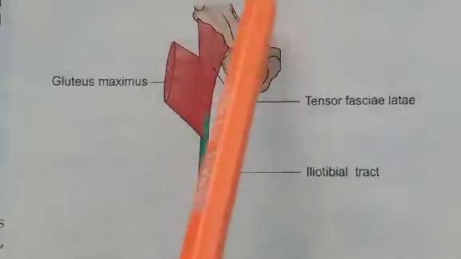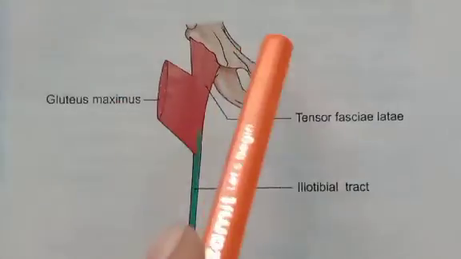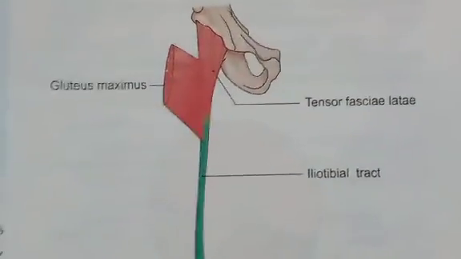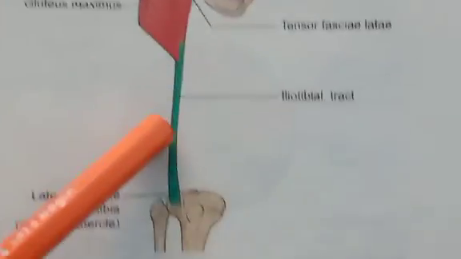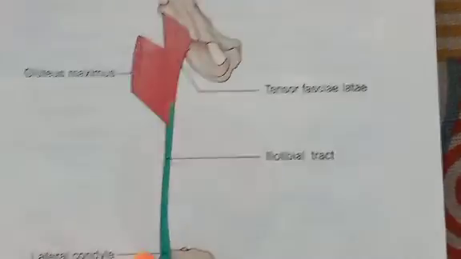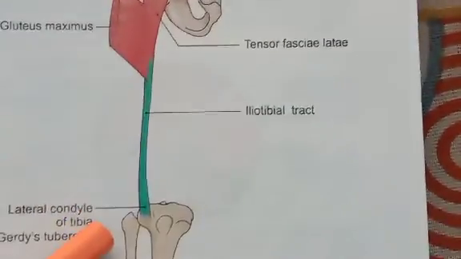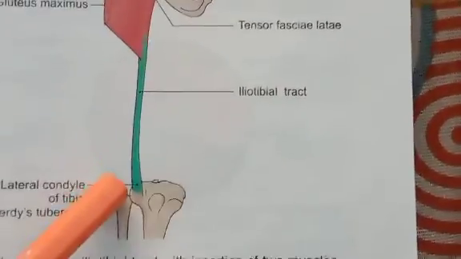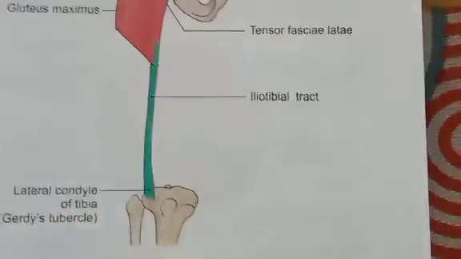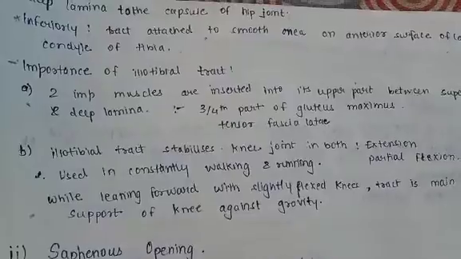These both are attached to the upper part of the iliotibial tract, where it forms a 5 centimeter wide band, and that is continuous in the lower part from above the iliac crest to the lower part in the front of the tibia, in the smooth surface of the front of the tibia. Importance of the iliotibial tract.